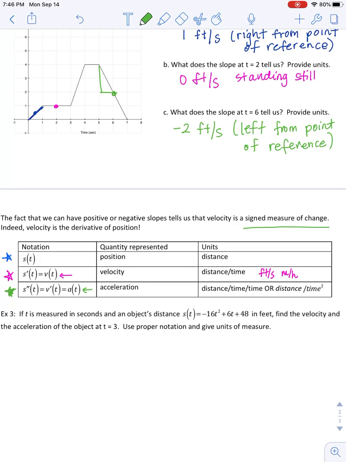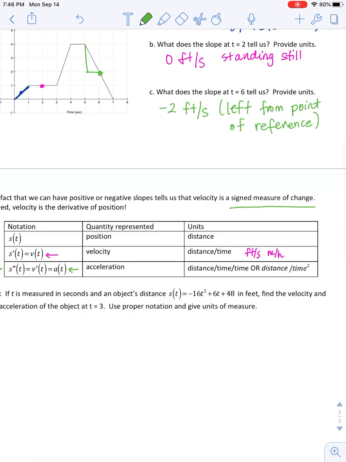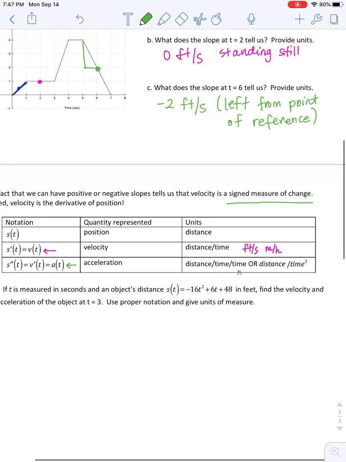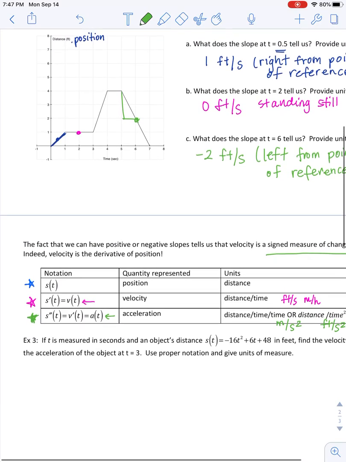And this is a measure of how fast your velocity is changing. So distance per time, or I don't know, how do you think of it? Distance per time, or distance per time squared. So we always write meters per second squared when we talk about scientific measures of acceleration, feet per second squared when we talk about things in terms of feet, etc., etc.